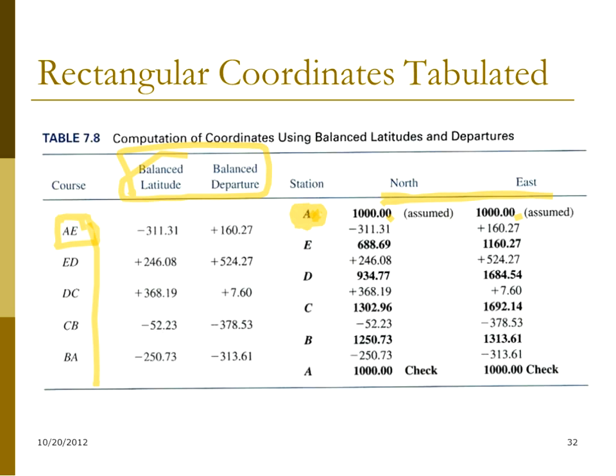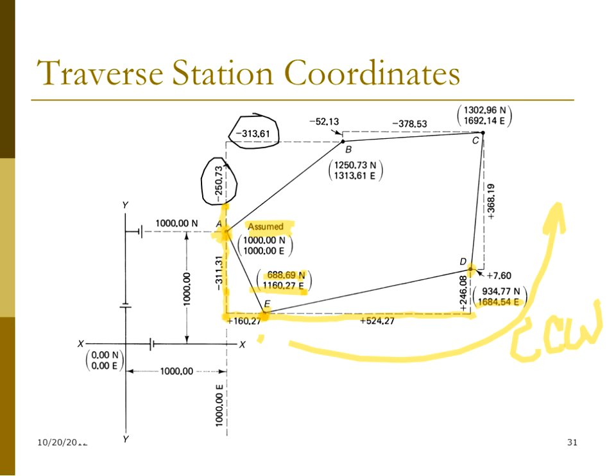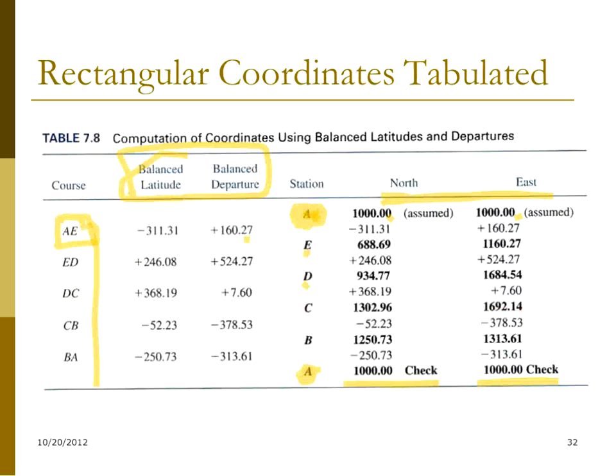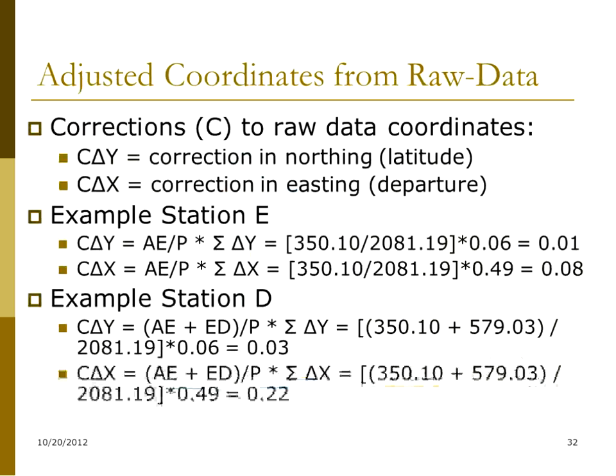So you can see that there's gaps here, but they make sense. So we're going from A to E. The balanced latitude, the balanced departure, we add them and that gives the 688 and the 1160. E to D, etc., all the way through. How do we know we did it right? Well, when we get back to A, you should be back to the coordinates you started with. Okay? So this is the same thing we just talked about on this diagram visually in a tabular format so that you can see all the calculations.